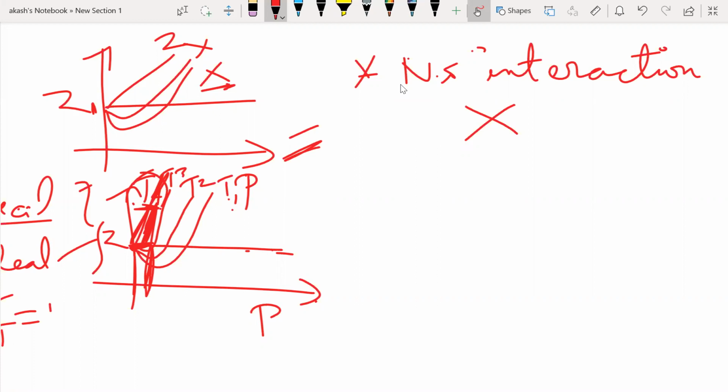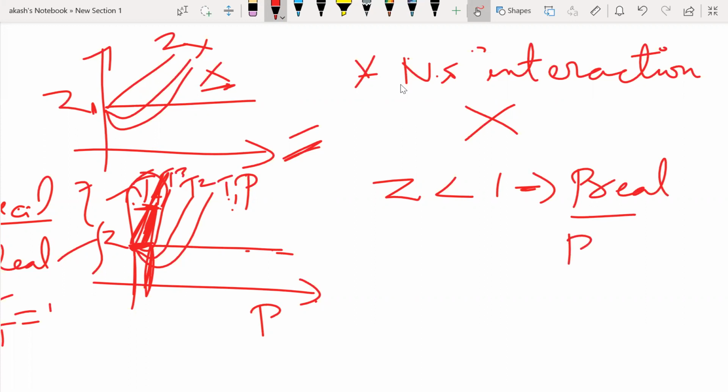Now let me take my Z value. Let me take a case where the Z value is lesser than 1. Obviously, if it's equal to 1, it's an ideal gas. Lesser than 1 or greater than 1, that's going to be a real gas. So what happens here? I have P real divided by P ideal.